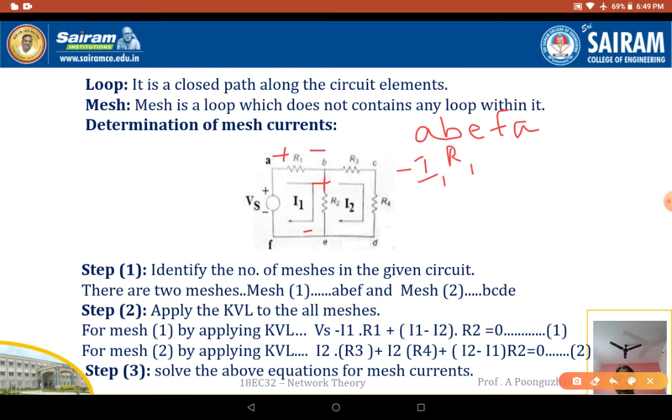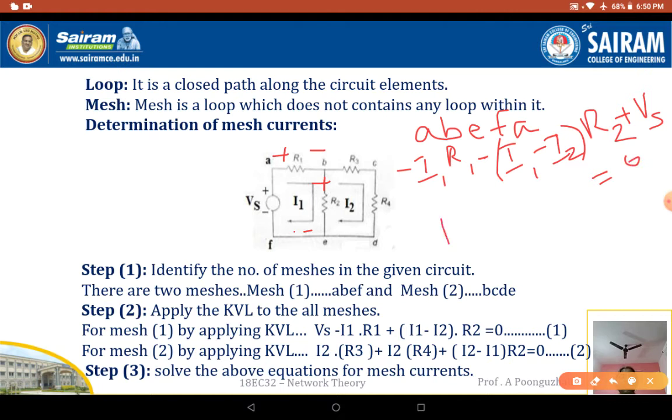For R2 it is minus (I1 minus I2) into R2. Why are we taking the difference? Across resistance R2, two currents flow: the I1 current and the I2 current, so it is the difference between these two. For the first loop it is (I1 minus I2) into R2. Then minus to plus gives plus Vs equal to 0. That is the first loop equation.